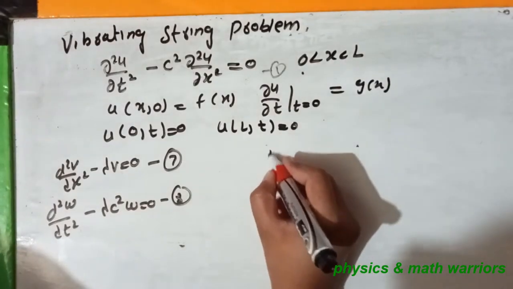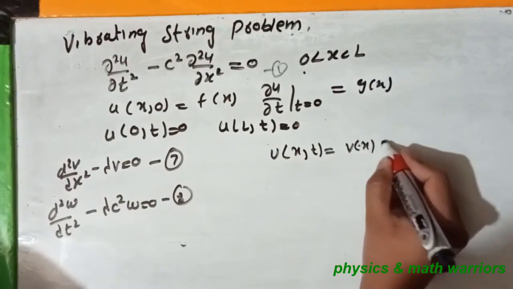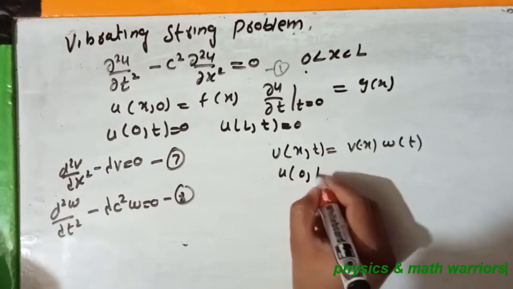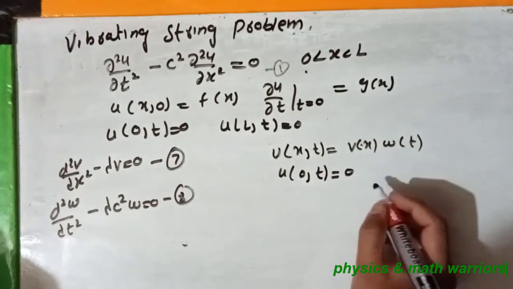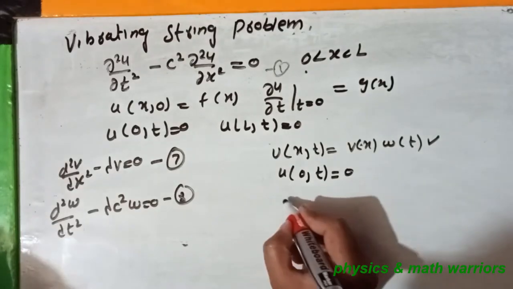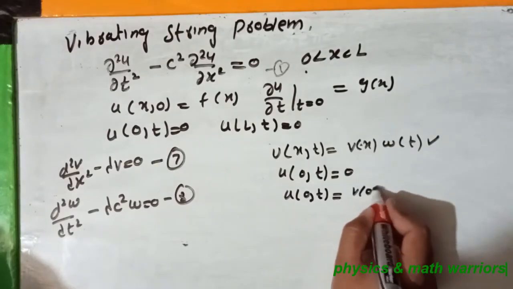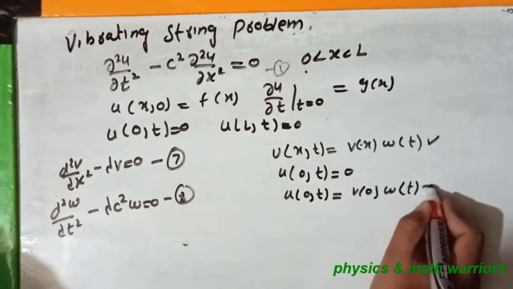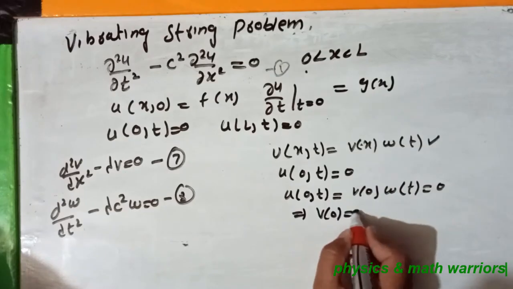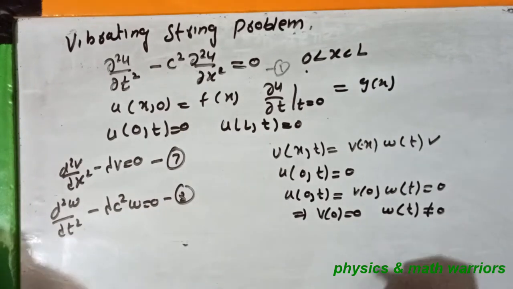Now we have considered u, which is function of x and t, is equal to v of x omega of t. So u of 0 and t is equal to 0 means put x is equal to 0 in this equation. So u of 0 and t is equal to v of 0 omega of t is equal to 0, which implies v of 0 is equal to 0 and omega of t is not equal to 0.